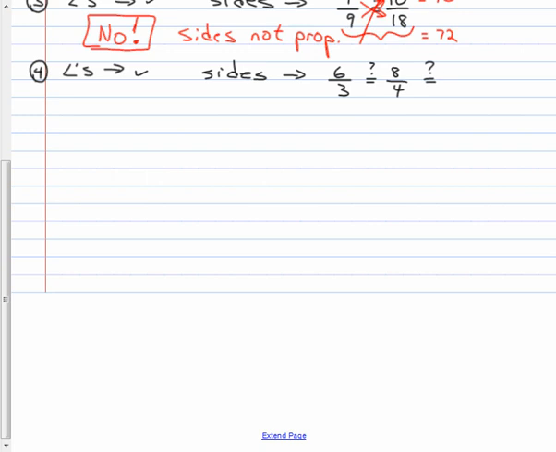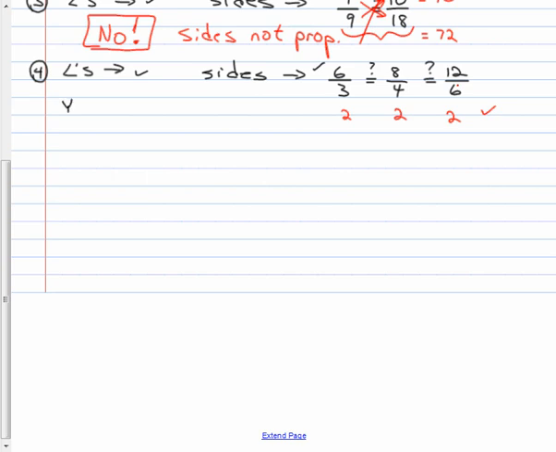The next number, the biggest number, is 12 in the left, and the biggest number in the right is 6. So the 12 and the 6 would have to match. I'm going to take division on this one. 6 divided by 3 is 2. 8 divided by 4 is 2. 12 divided by 6 is 2. Every single one of those is in the same ratio, so they are similar. They are proportional. That one checks out as well.